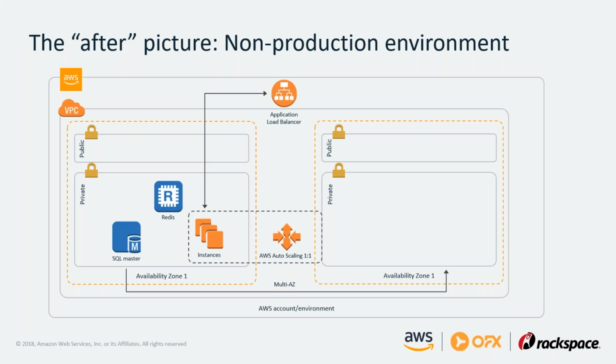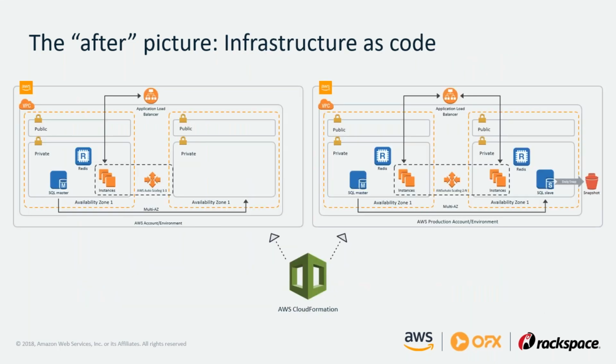But we're able to do this through the magic of CloudFormation. So with CloudFormation, what we're able to do is say, okay, this is my template, and I'm going to parameterize my template. I'm going to tell it, hey, one of the parameters I'm going to pass is an environment parameter.